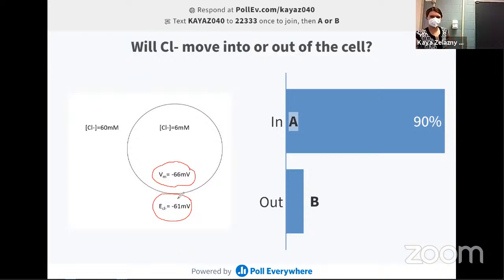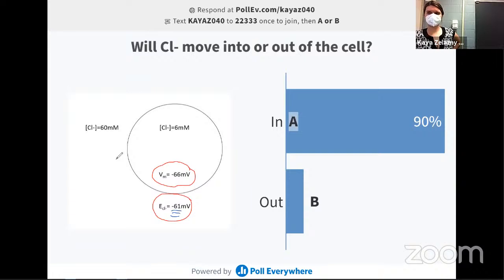So looking at these two, we know the cell wants, or chloride wants at least, for the cell to get to negative 61. See, most people answered A. What would happen if we moved chloride ions into the cell? Does membrane potential get more negative or more positive?